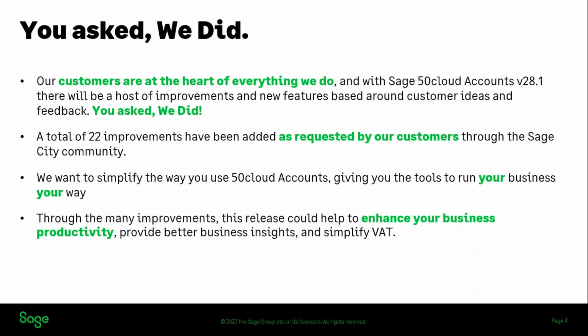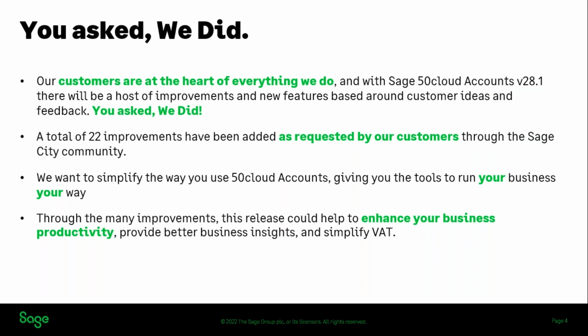Now, we will talk about that a little bit later on, how you can submit requests going forward for future versions. So we want to simplify the way that you use your 50 Cloud Accounts and give you tools to run your business your way. And what you'll see is that many of these improvements will enhance your business productivity and provide better business insights and simplify your VAT.